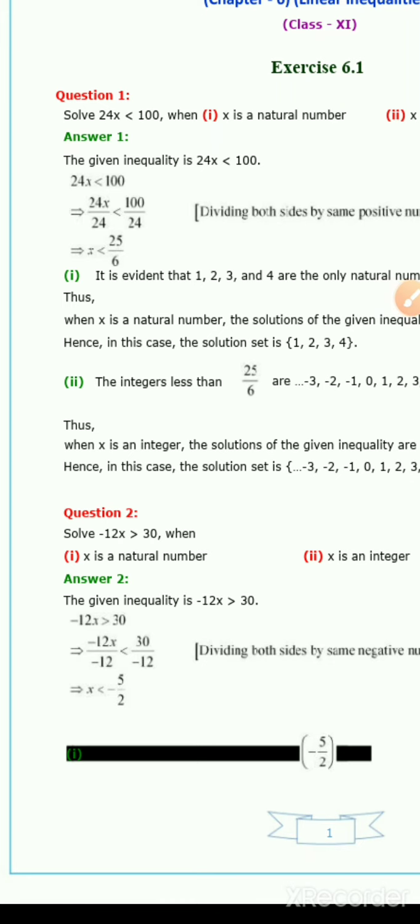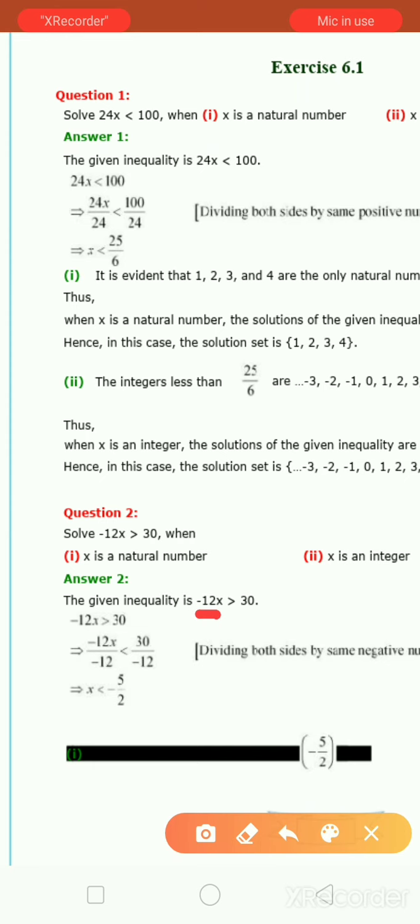Number 2, solve minus 12x is greater than 30, where x is a natural number and x is an integer. Your aim is to have only x, so you should divide by minus 12, not only 12. So minus 12x divided by minus 12 is less than 30 divided by minus 12.